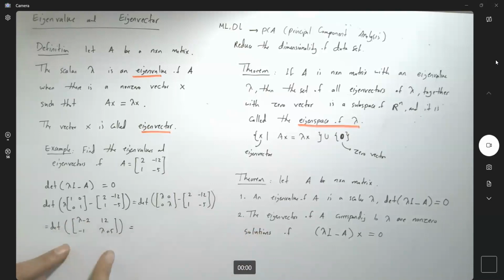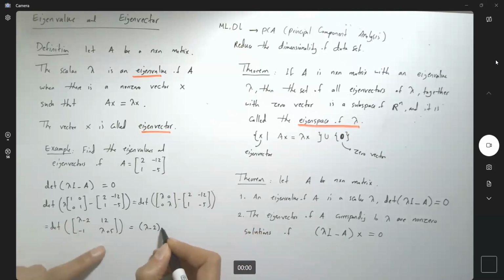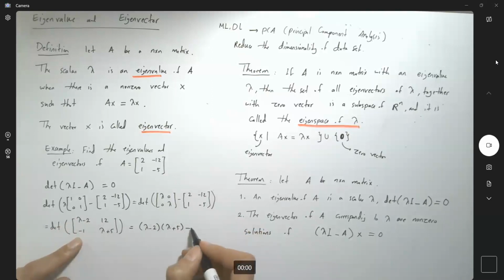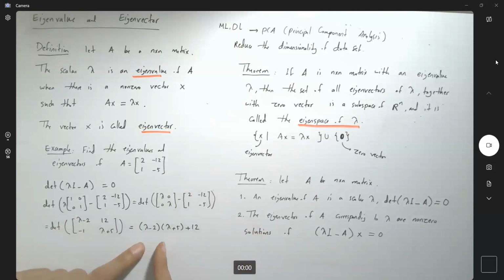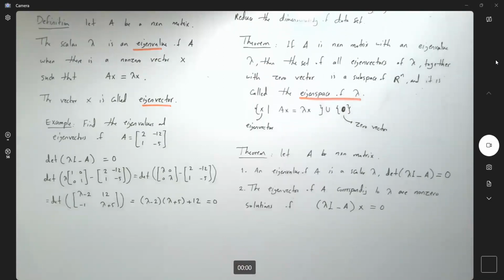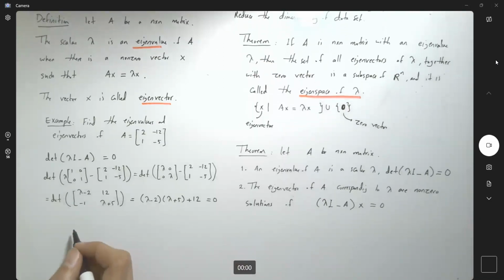So the determinant of this matrix is just the multiplication of these two: lambda minus 2 times lambda plus 5 minus, well, you have plus 12, right? This is called the characteristic polynomial. You need to set it equal to 0 and solve as you solve any other algebra problem.